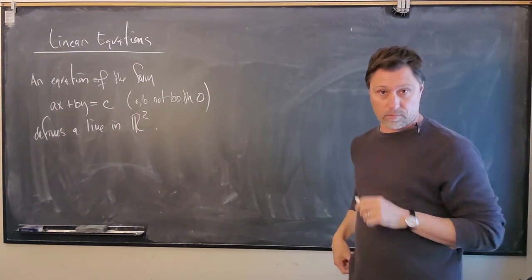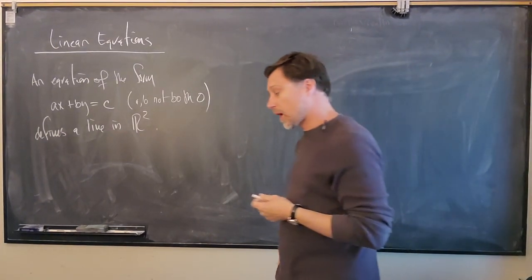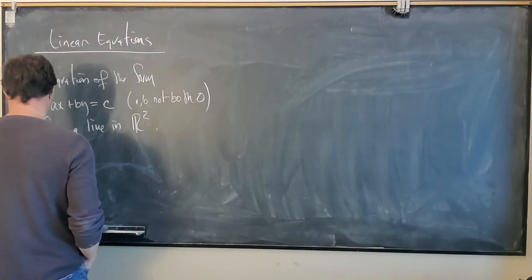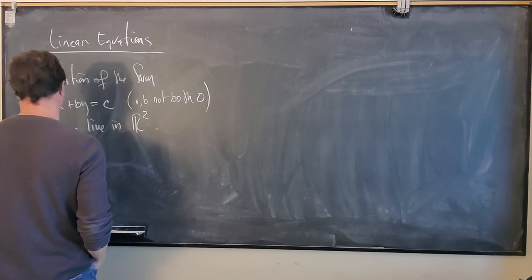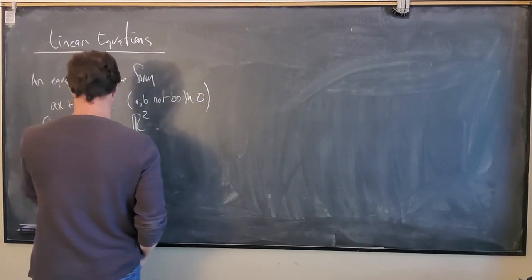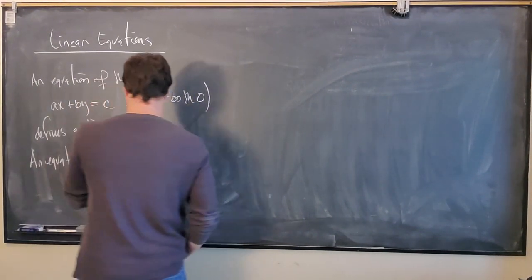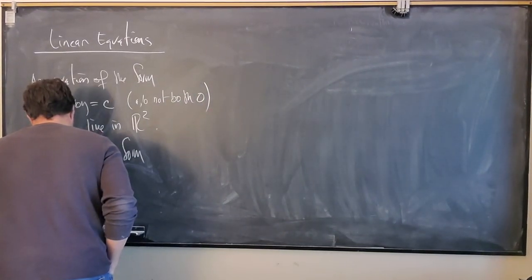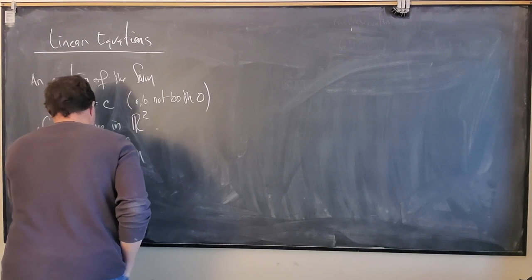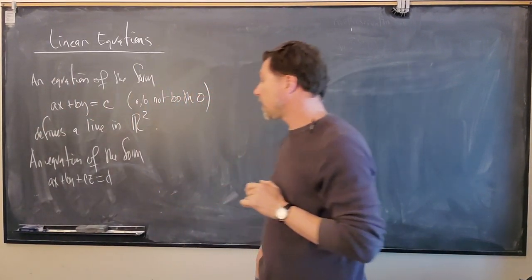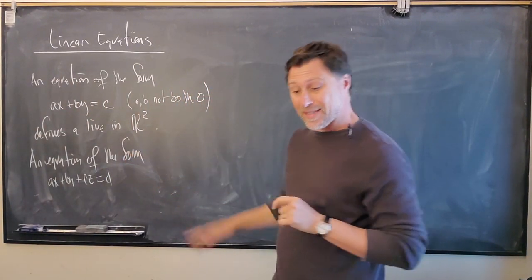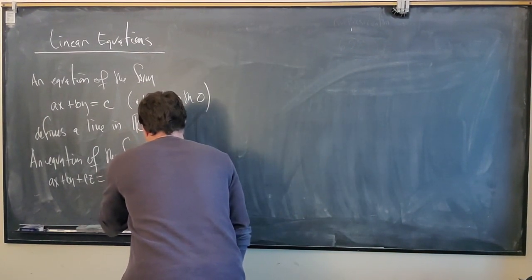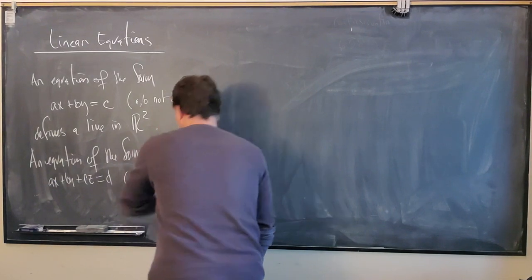In Calc 3, in Math 143, you generalize this, took it up one dimension, an equation of the form ax plus by plus cz equals d, where a, b, and c are not all 0.